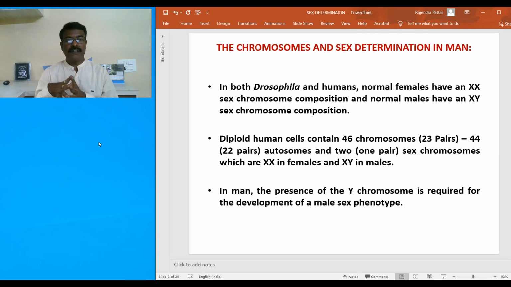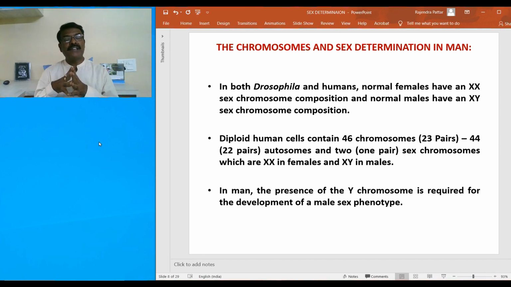As we already know, the XX and XY mechanism of sex determination makes it possible to determine sex in both Drosophila as well as man. You all know that normal females have the XX chromosome complement and normal males have the XY chromosome complement. Diploid human cells carry 23 pairs of chromosomes, or 46 chromosomes, of which 22 pairs are known as autosomes, and the 23rd, or last, pair is known as the sex chromosomes.